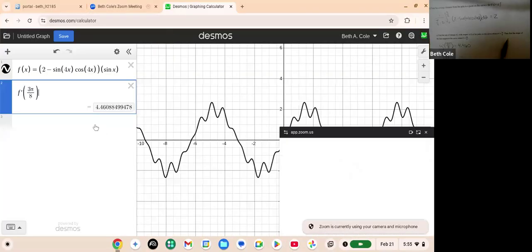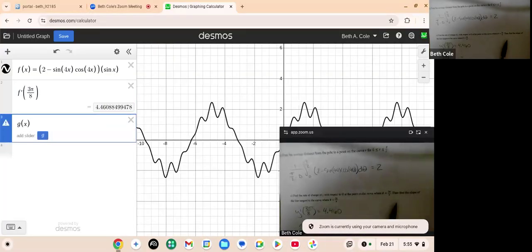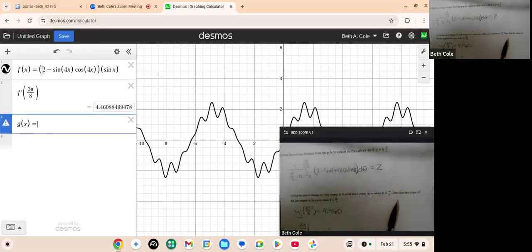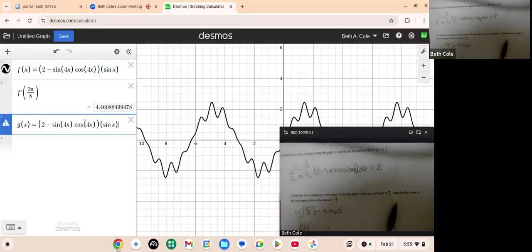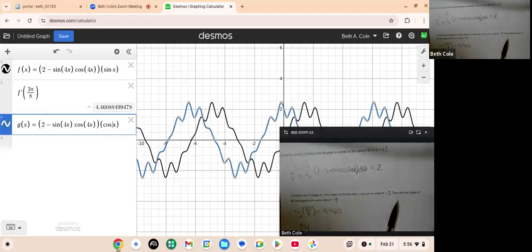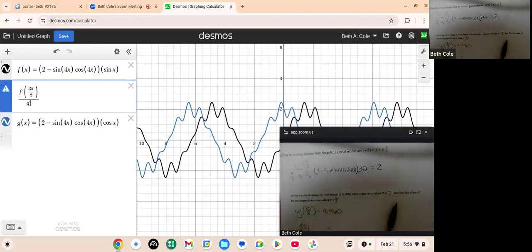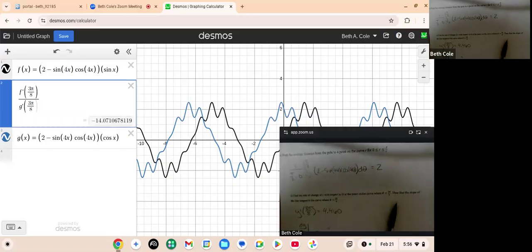So I'm going to make another equation for x. I'm going to copy and paste here. So x is r cosine theta. So I'm going to just change that to cosine. And we want derivative of y over derivative of x at 3 pi over 8.